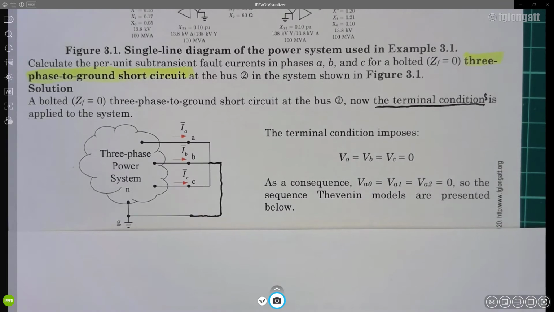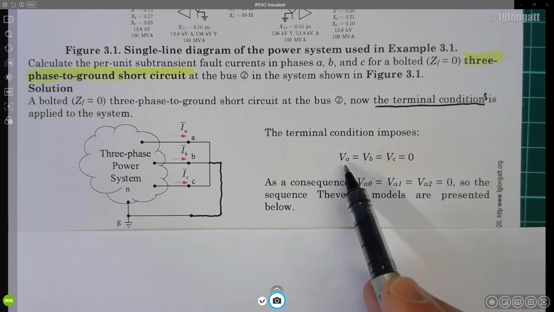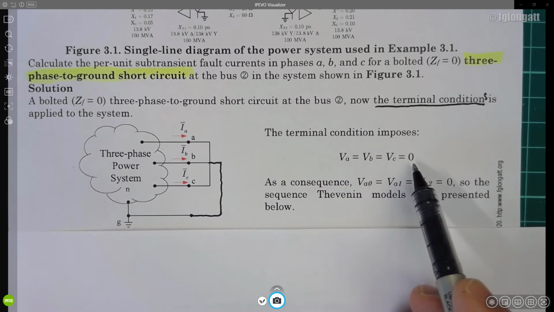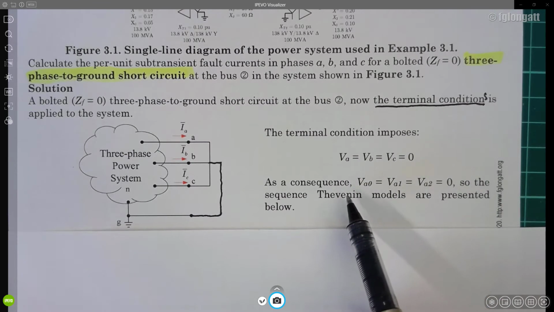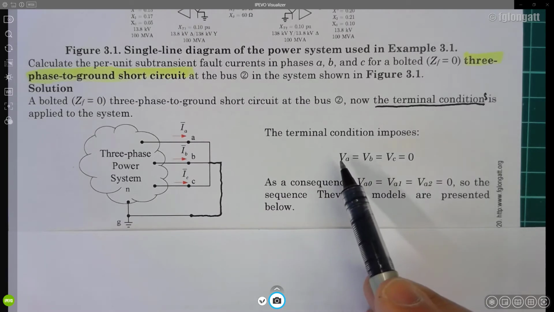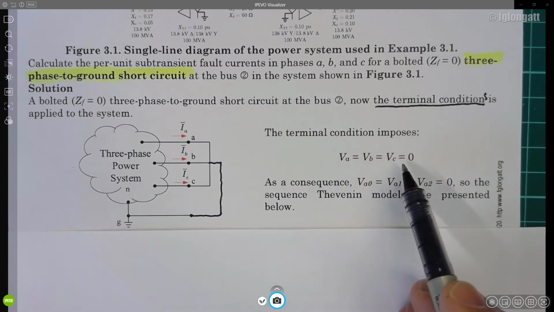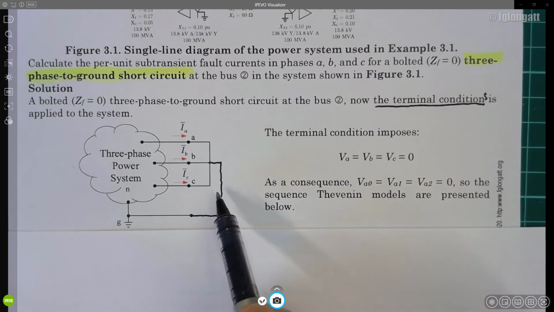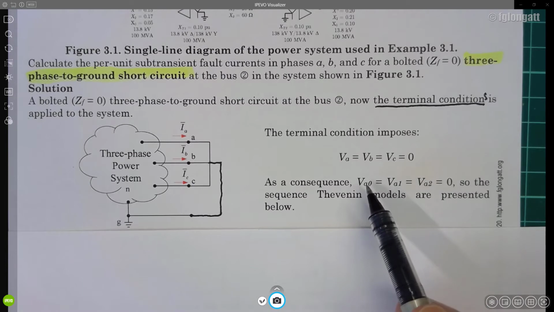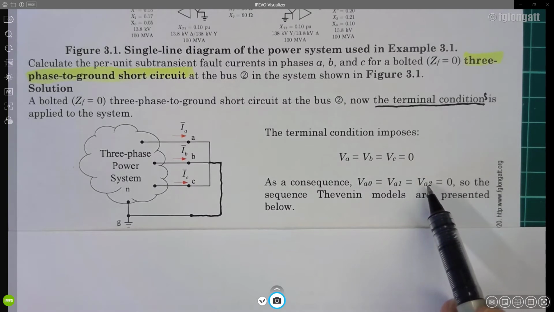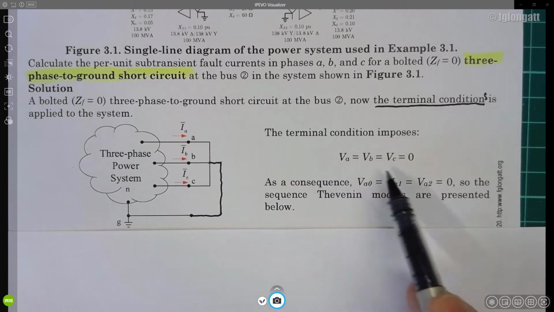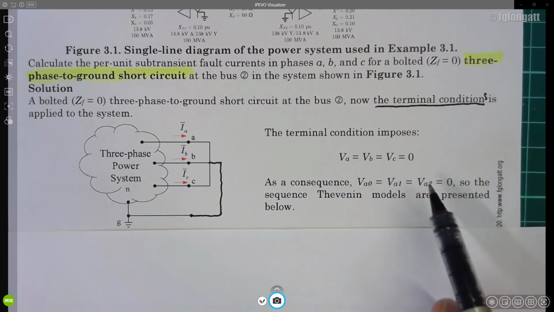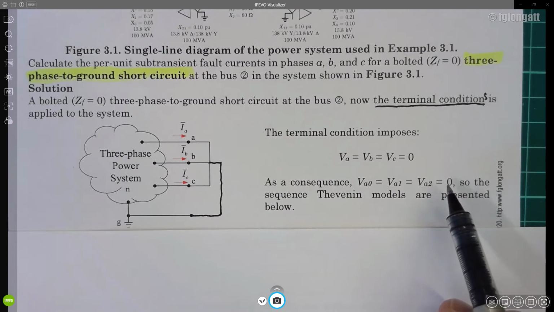Wow, this is quite interesting, because if the three voltages A, B, and C are 0, well, you must remember that using symmetrical components, if the phase A, B, and C voltages at the fault point are 0, that means that the zero sequence, positive sequence, and negative sequence components of the voltage at the fault point are 0.